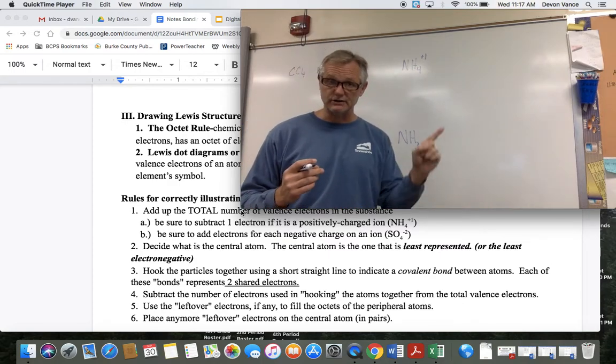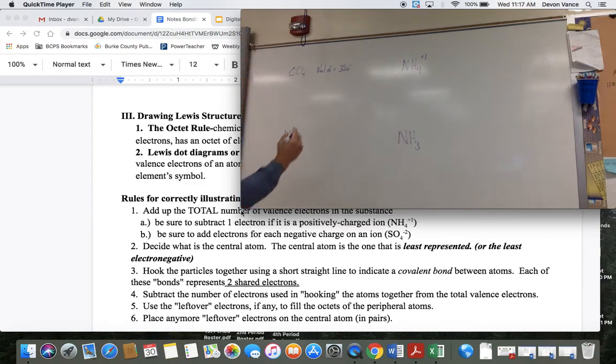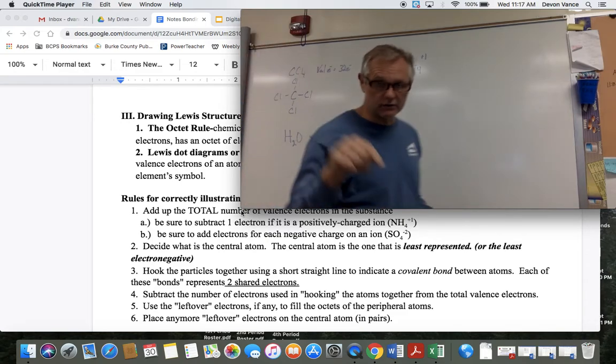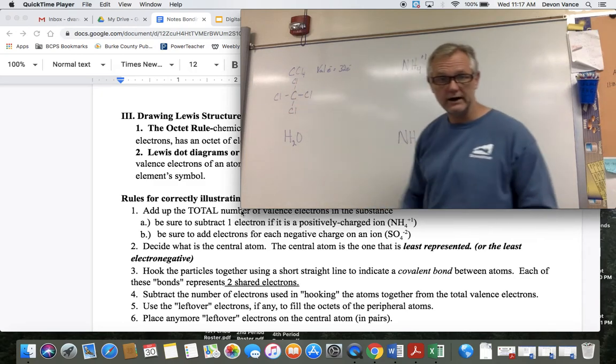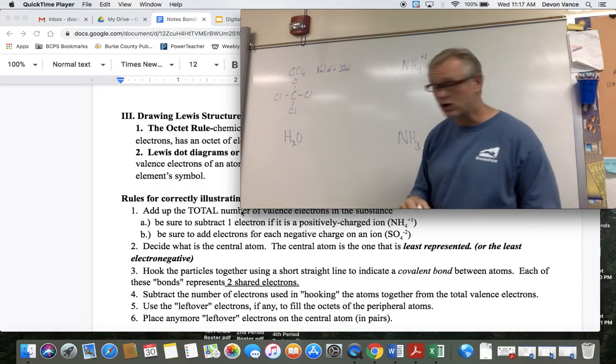The single bond is 1 dash, represents 2 electrons. So I would put a chlorine here, here, here, and here. Guys, normally what we do is we just say we're circling around it north, south, east, and west. And that's what I did. You can see chlorine surrounding the carbon atom.